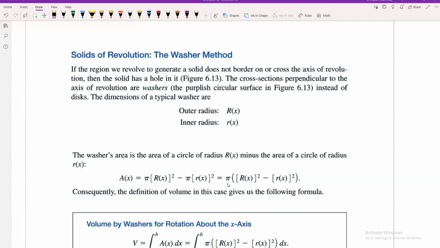So area is equal to pi times outer radius squared minus pi times inner radius squared, which is pi times R(x) squared minus r(x) squared. We factor out pi on this part.